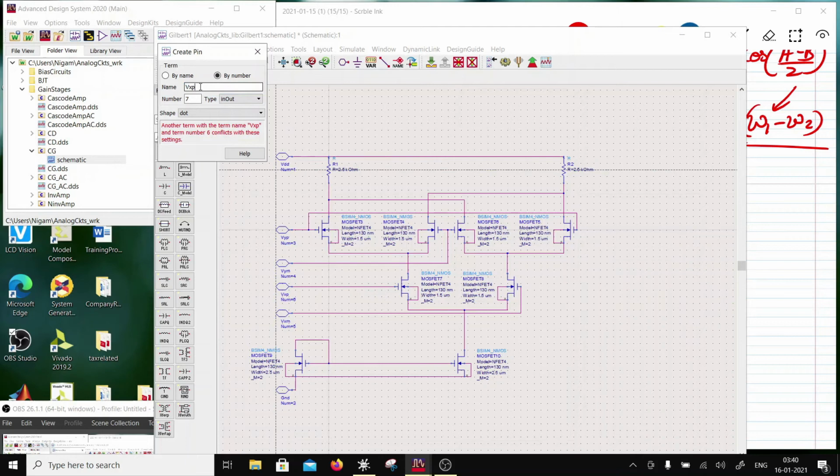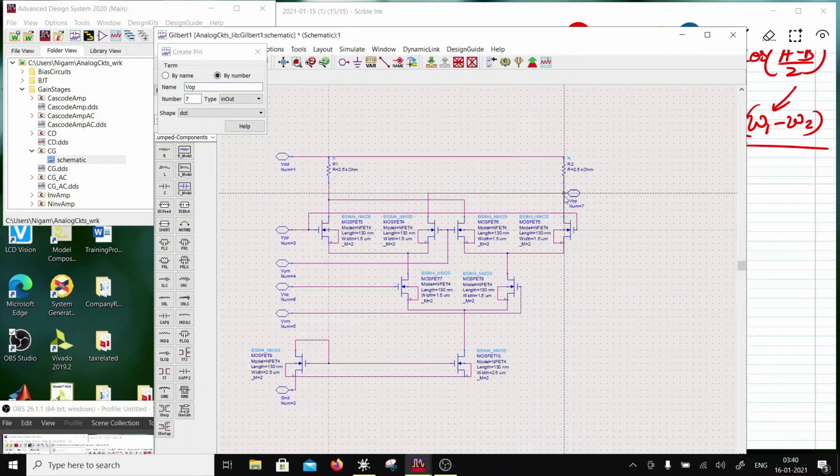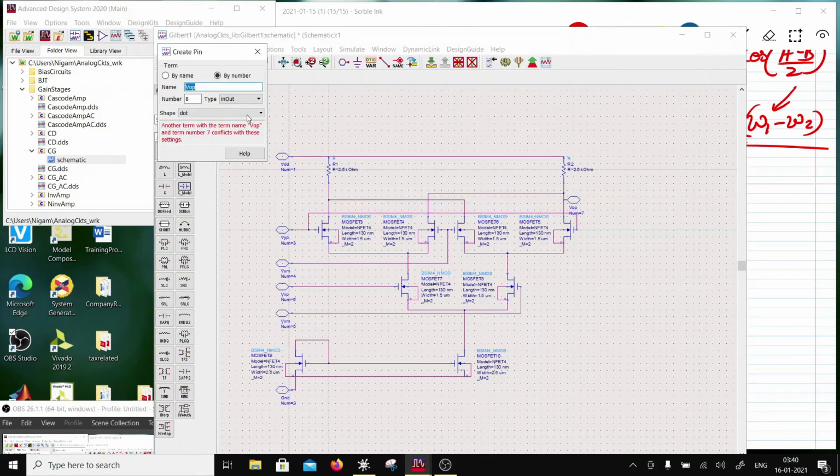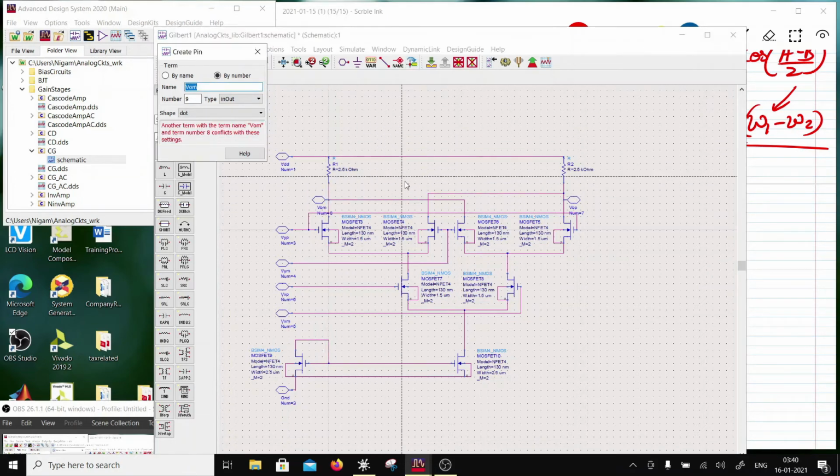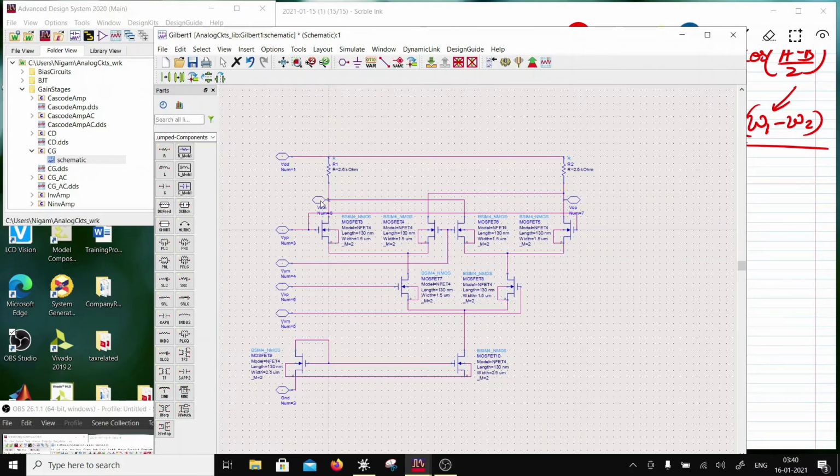Correct? And then you have got VOP. This is VOP. And this is going to be VOM. Correct? And one more quantity is going to be there.